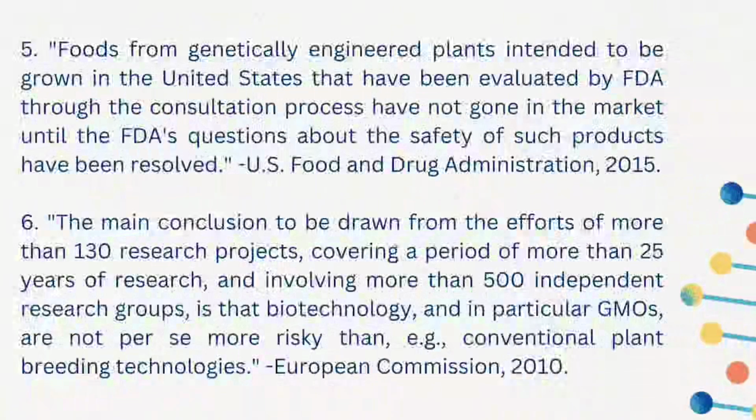Five, food from genetically engineered plants intended to be grown in the United States that have been evaluated by FDA through the consultation process have not gone on the market until the FDA's questions about the safety of such products have been resolved, by the U.S. Food and Drug Administration 2015.